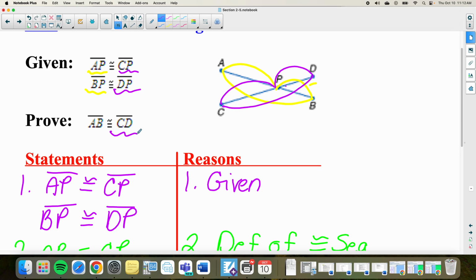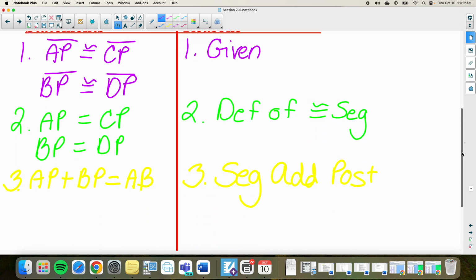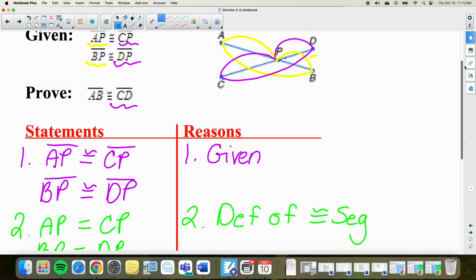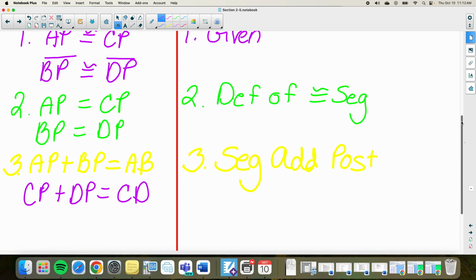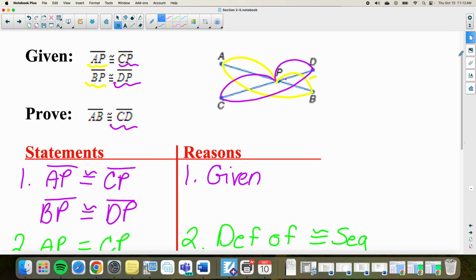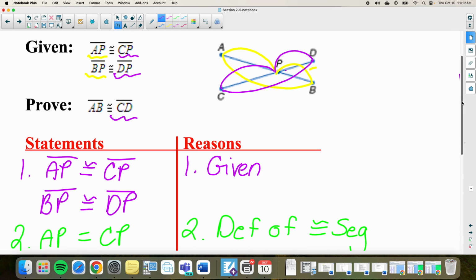So I'm gonna write CP plus DP equals CD. CP plus PD or DP, and the book wrote it as DP, equals CD.